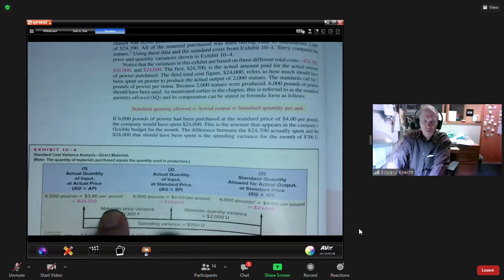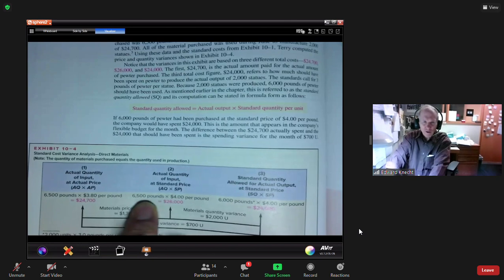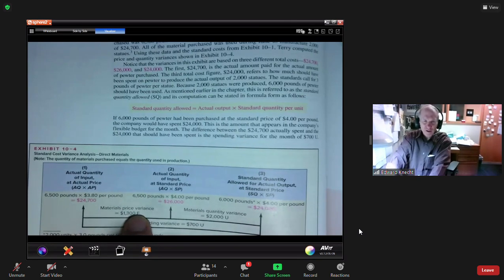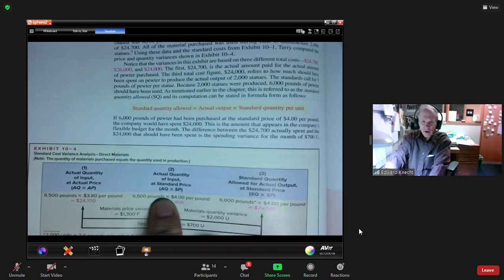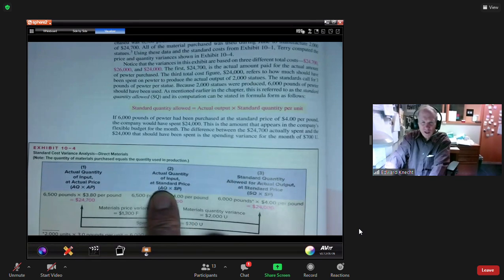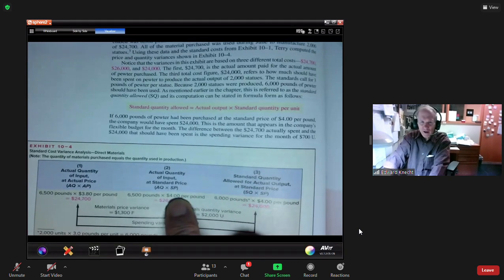Why is it favorable? Because this is actually what we paid, and this is the standard price we were supposed to pay. We were supposed to pay $4. We only paid $3.80. So that's a favorable variance. Now here we have the standard price. We're going to figure, well, what would the standard price times standard quantity be? And we're going to compare that number.